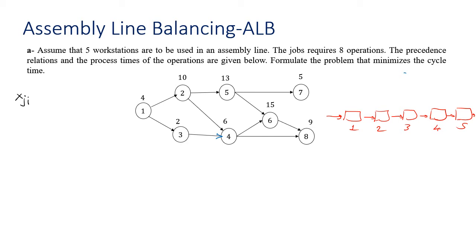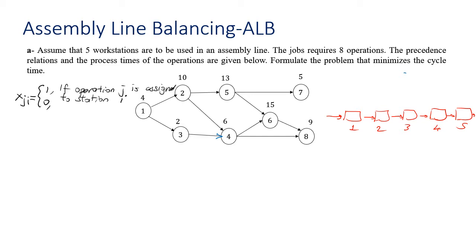Don't be confused. So this x_ji will be a binary decision variable, and it will take the value of 1 if task or operation j is assigned to workstation i.